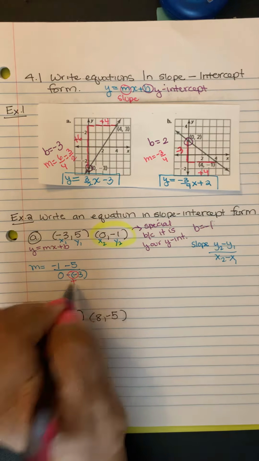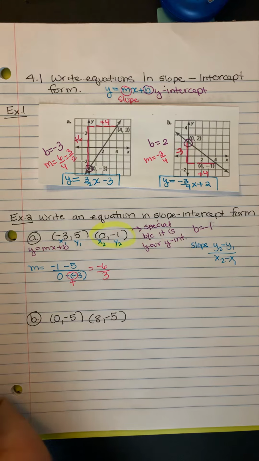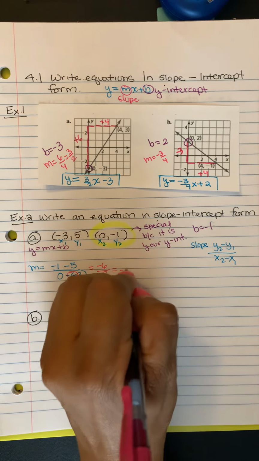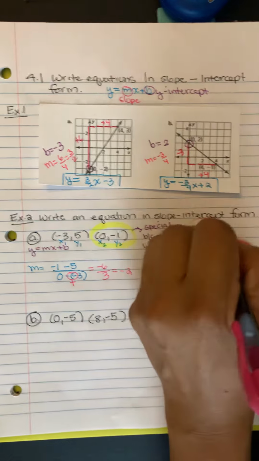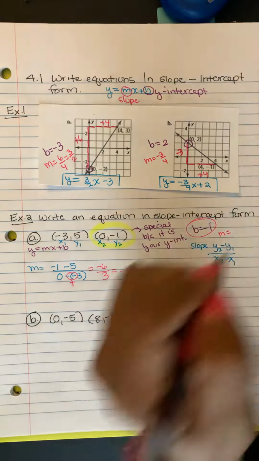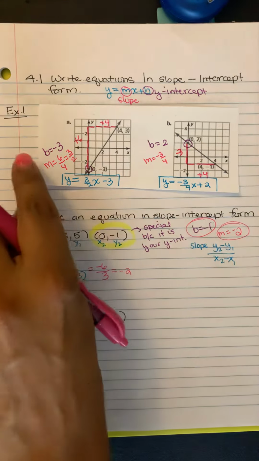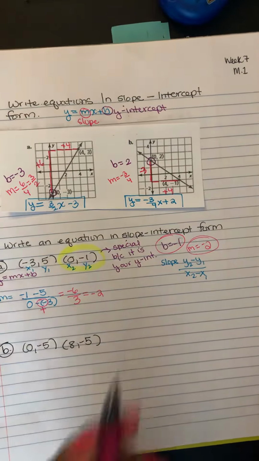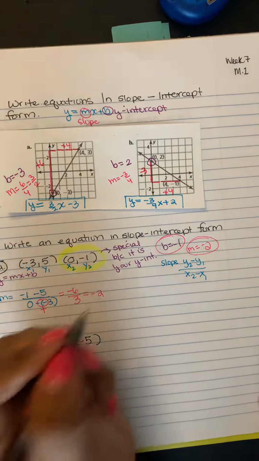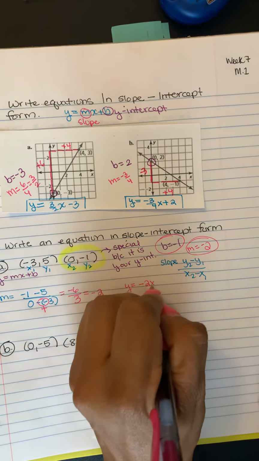We are going to have a double negative here, so this is -6/3, and this gives me a -2. I've already identified my b. My m is equal to -2. Those are the two things that we need to put it in y equals mx plus b. So y equals -2x minus 1.